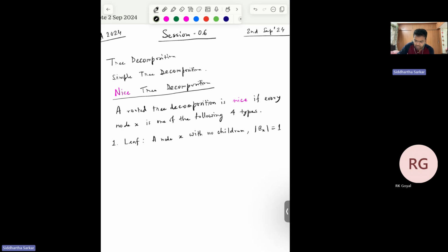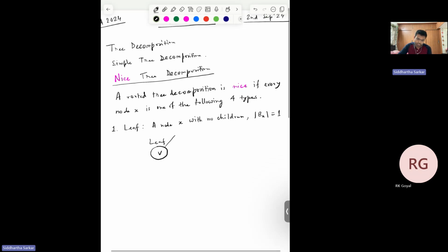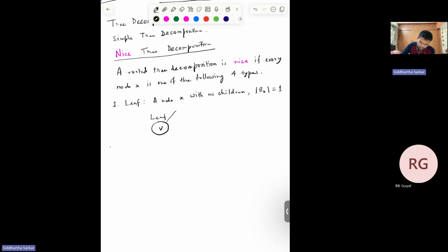That means in the bag of the leaf node, exactly one vertex should be present. Diagrammatically, here is a leaf. It contains one vertex and it doesn't have any children. It can have parents, of course, but it doesn't have children. That is the first type.